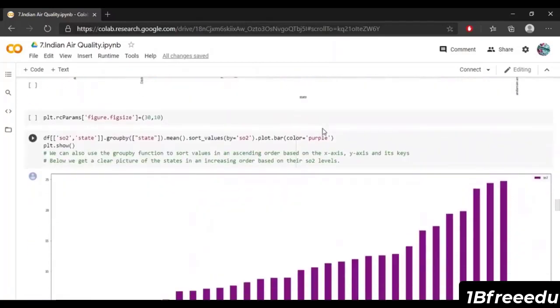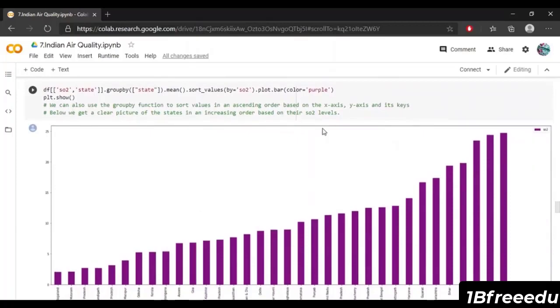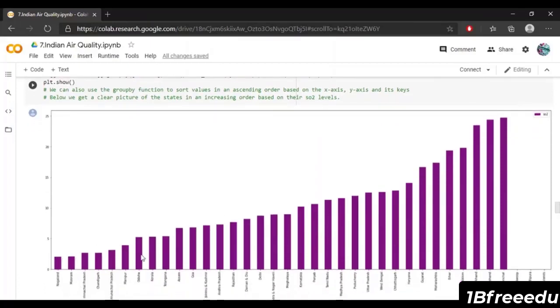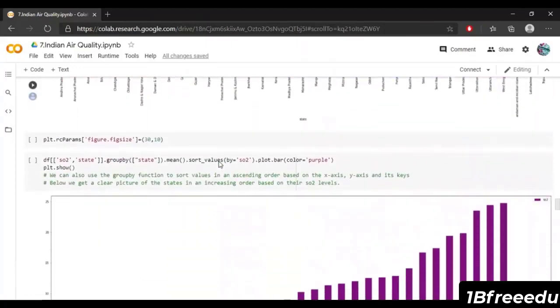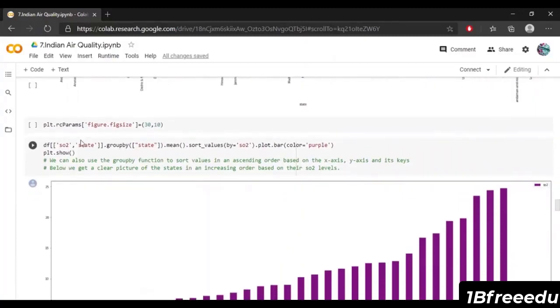And we have used another plot over here. We have used plot.bar. This will basically give us a clear picture of which state has the lowest and which state has the highest SO2 pollutant in their environment. The difference between this code and this code is that we have sorted values, and we have used the group by function over here.